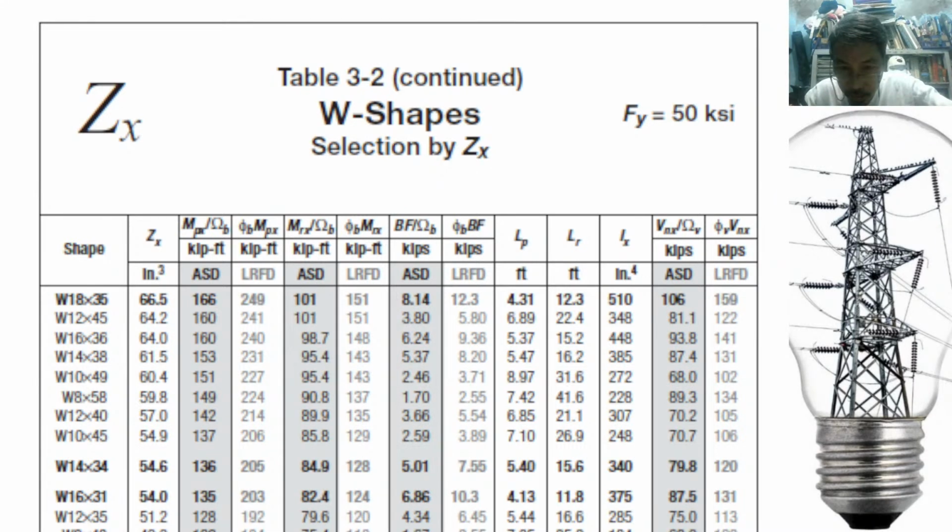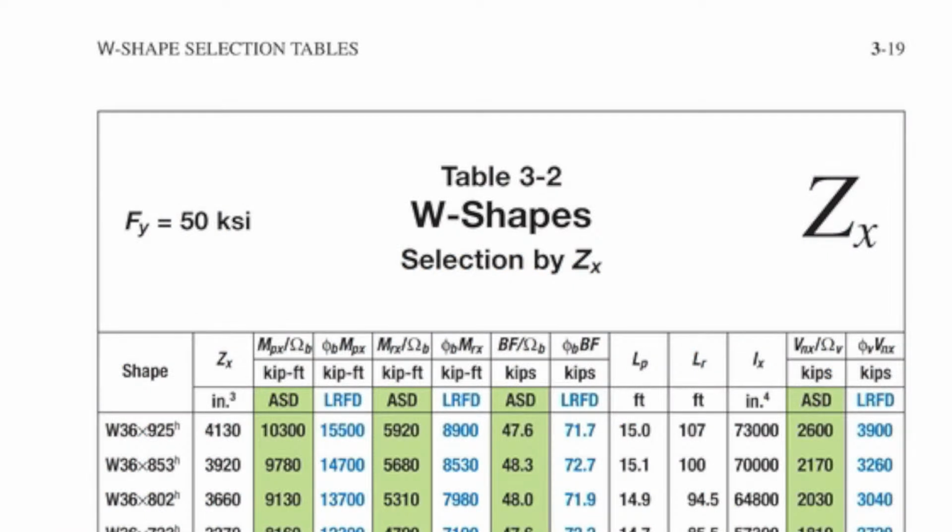So we have to look for another table. Maybe this one. Again, this table is for plastic section.